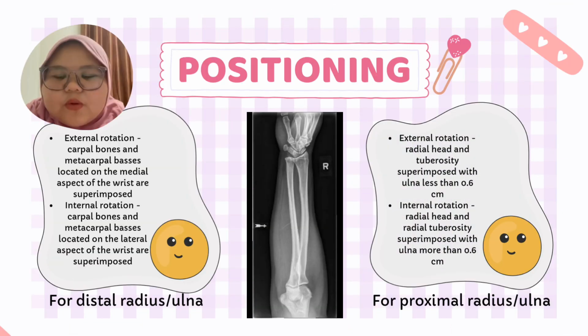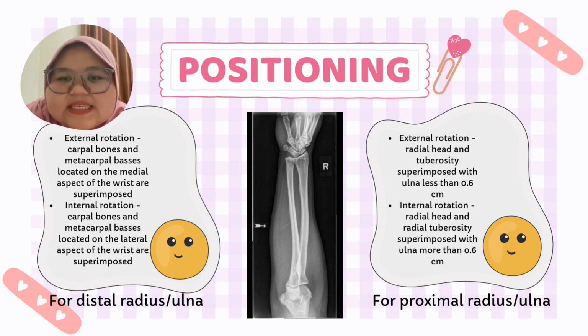To enhance our understanding regarding this external or internal rotation, we can refer to this radiograph. We can see both rotations, such as at the distal radius ulna, it is external rotation as the carpal bones and metacarpal bases located on the medial aspect of the wrist are superimposed.